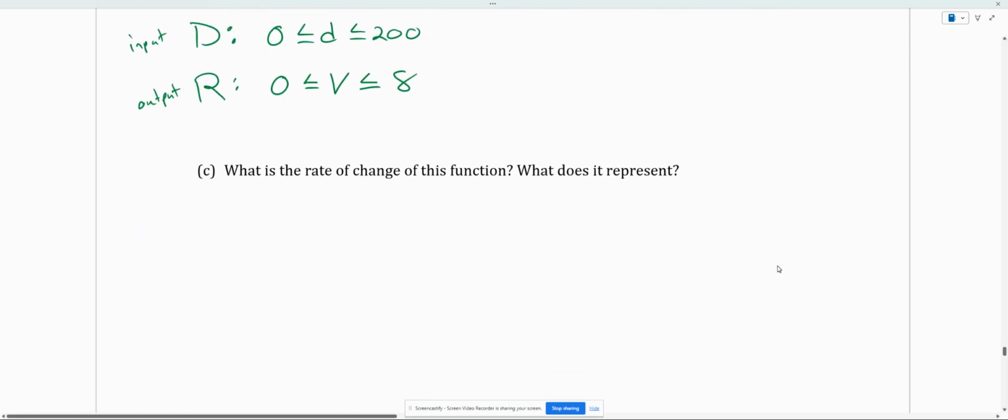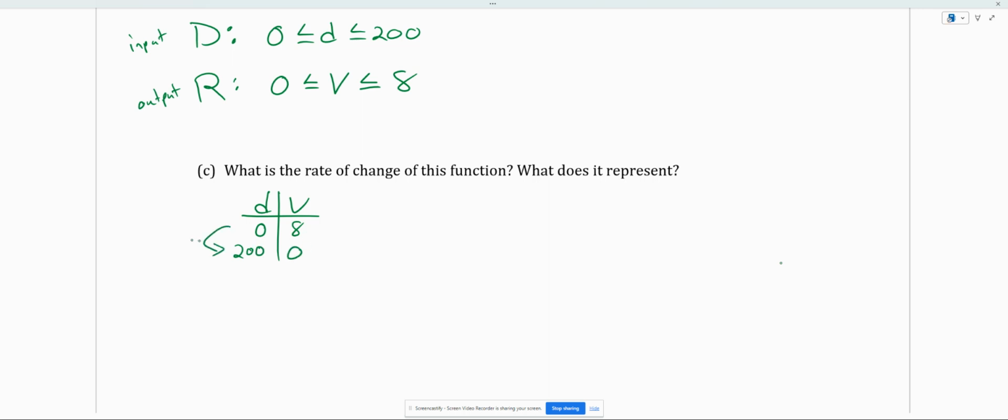And what is the rate of this function? What does it represent? We can do this with a quick little table. We can see D and V, independent, dependent. We start with a distance of 0 with 8 liters, and then we can go 200 kilometers and we have 0 volume. So we can see our change here is plus 200 in distance, but we have gone down 8 in liters.